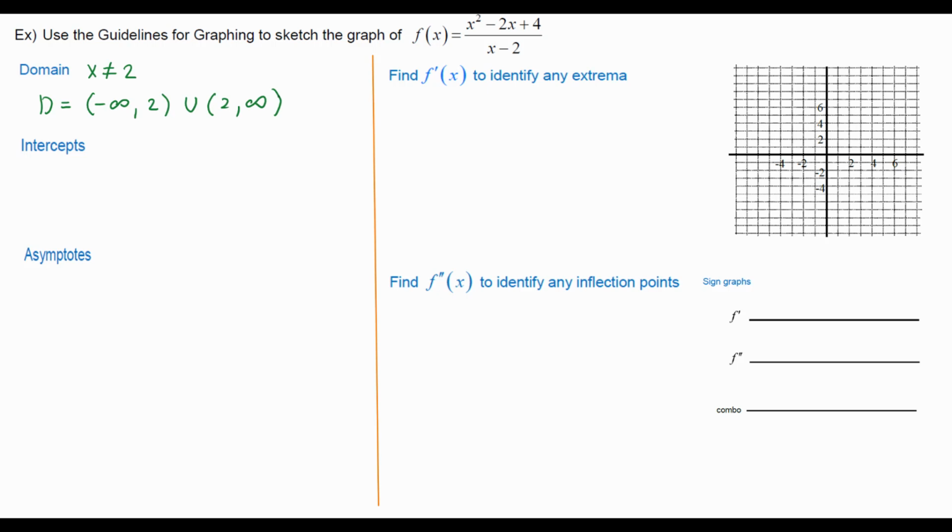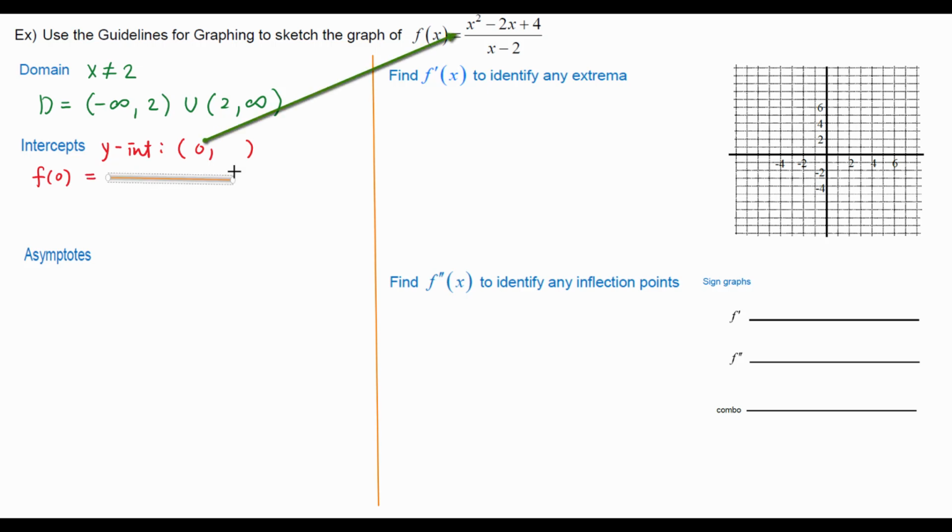Let's find the intercepts now. We can find the x-intercept by setting y equals 0, and we can find the y-intercept by setting x equals 0. I'm going to find the y-intercept first since it's very simple. To find the y-intercept, we set x equals 0, and that will be f of 0, because you plug 0 for every x you see.